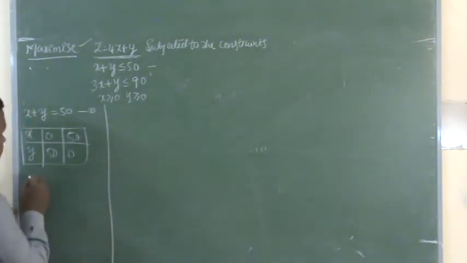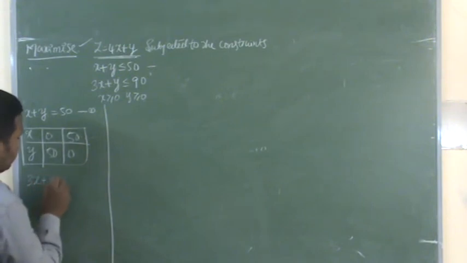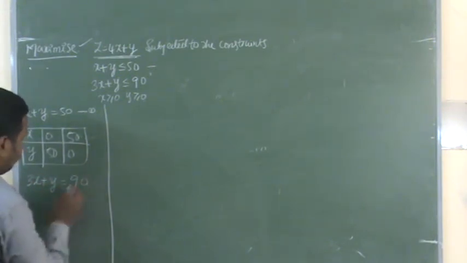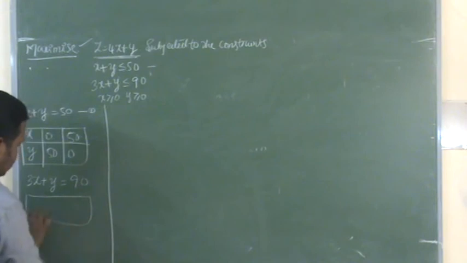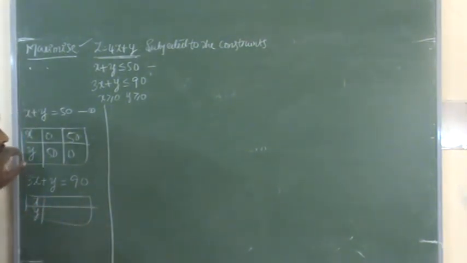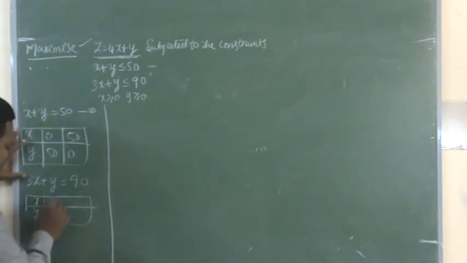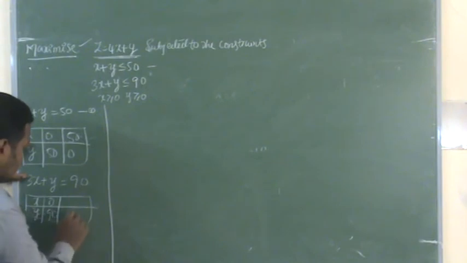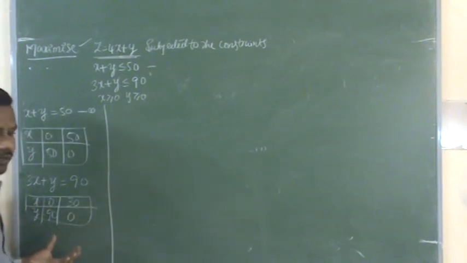For the second equation, 3x plus y equals 90. When x equals 0, y is 90, and when y equals 0, x is 30.